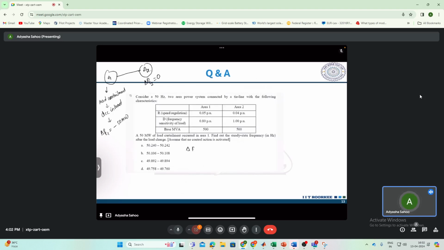So delta F will be A12 delta PL1 minus delta PL2 divided by D2 plus 1 by R2 minus A12 D1 plus 1 by R1. So here you see both have equal rated capacity, right?